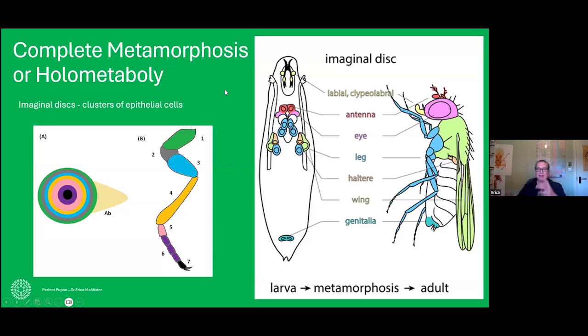And then what is going on inside? Well, this gets all a bit funky. I don't know if any of you have ever read any of Swammerdam's early stuff where he cut open bees and moths and caterpillars to look at pupal stages and chrysalis. Maybe not, but it's a fantastic read.